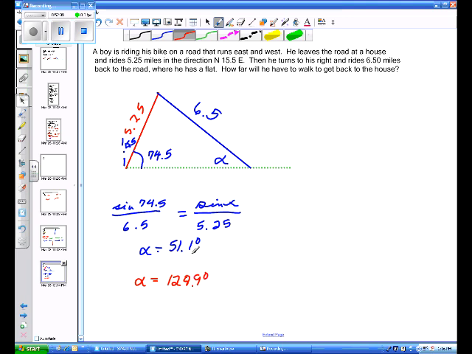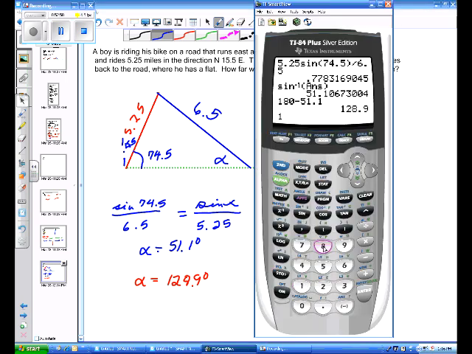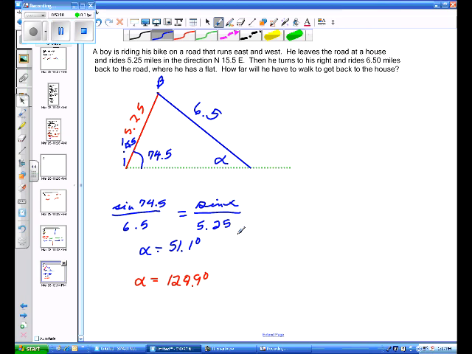Okay, let's go through and solve it as if it's 51.1. If it is, then I can get my third angle. So I'd have 180 minus 74.5 minus 51.1. So I get 54.4. And let's call that angle up there beta, or B. Okay, that was 54.4.